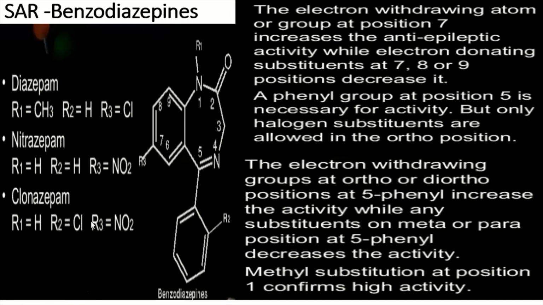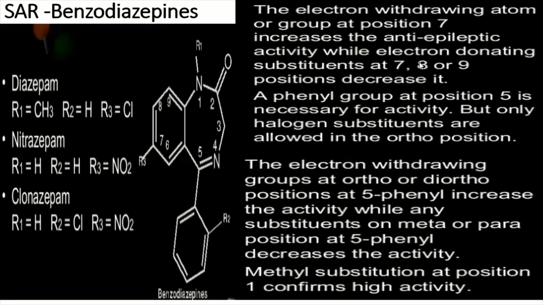Based upon the substitution in the R1, R2 and R3 positions, you get the different benzodiazepine derivatives. The presence of an electron withdrawing group or atom at position 7 increases the anti-epileptic activity. That is, in this R3 position, the presence of this nitro group increases the anti-epileptic activity.